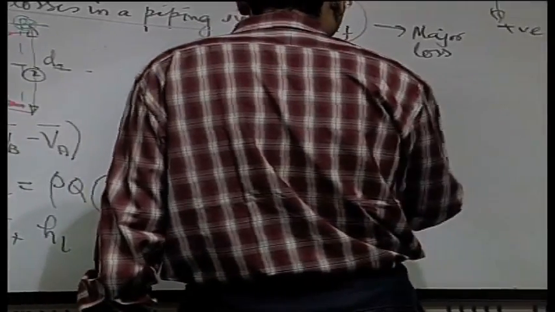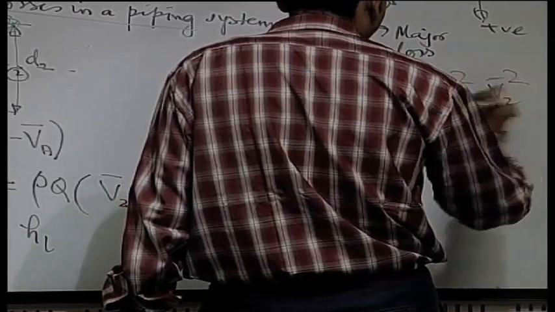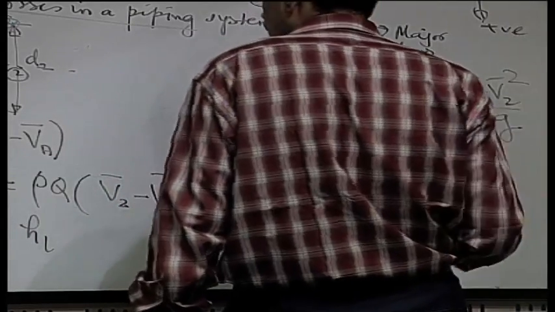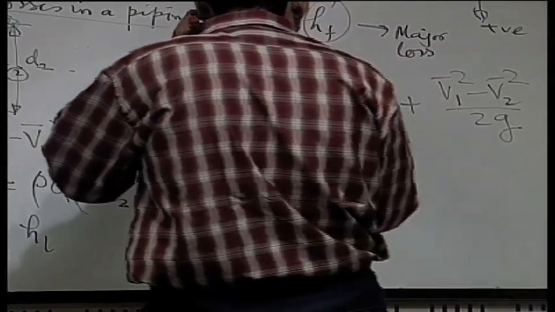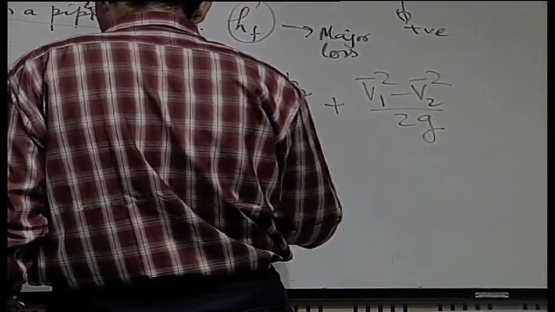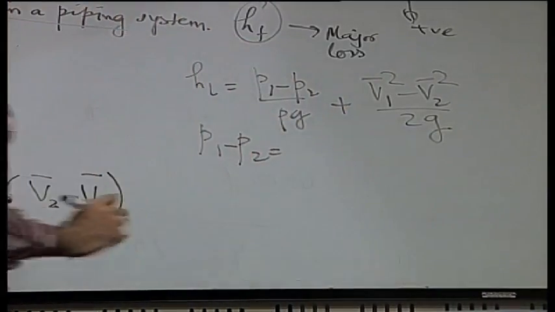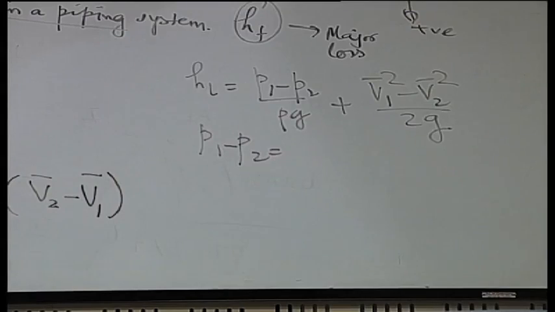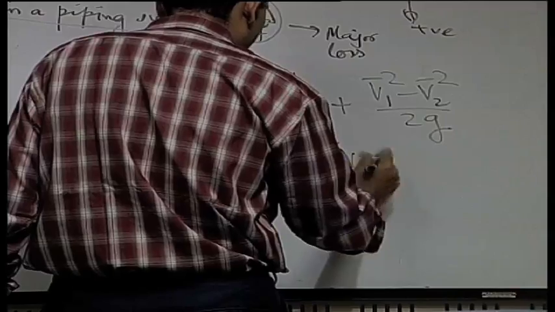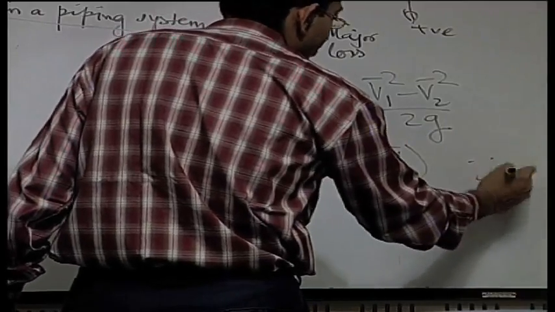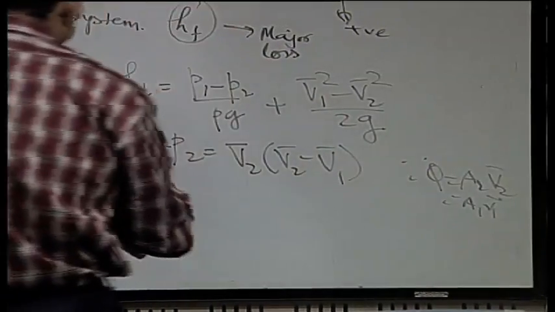I divide by g to call it a unit of head. Head loss is P1 minus P2 by rho g plus V1 square minus V2 square by 2g. Now P1 minus P2: in place of Q you can write A2 V2, so that A2 gets cancelled from the two sides, and you get V2 into V2 minus V1. This is since Q equals A2 V2, which is the same as A1 V1, from this equation.